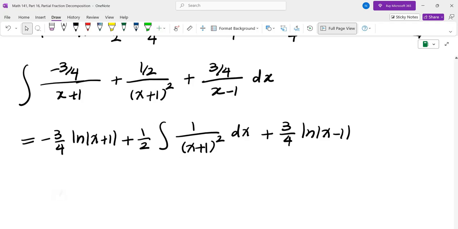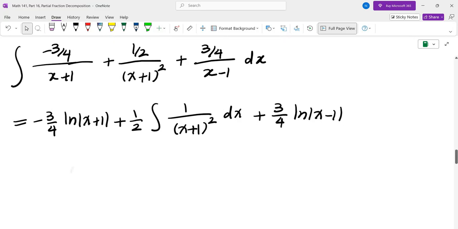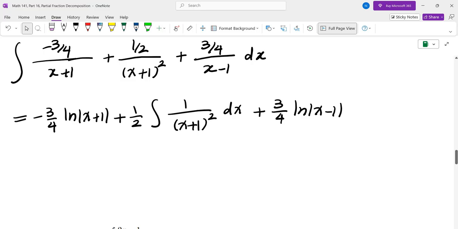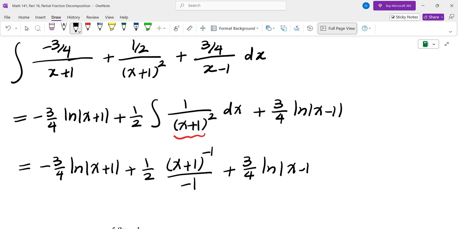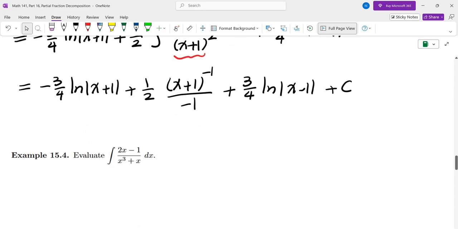Now for the middle one, you can either use power rule or you can use a u substitution. So either way, we're going to get negative 3/4 natural log of x plus 1 plus 1/2. So we can use power rule because derivative of x plus 1 is just 1. So this would be x plus 1 to the power of negative 1 over negative 1 plus 3/4 natural log of x minus 1 and then plus c.